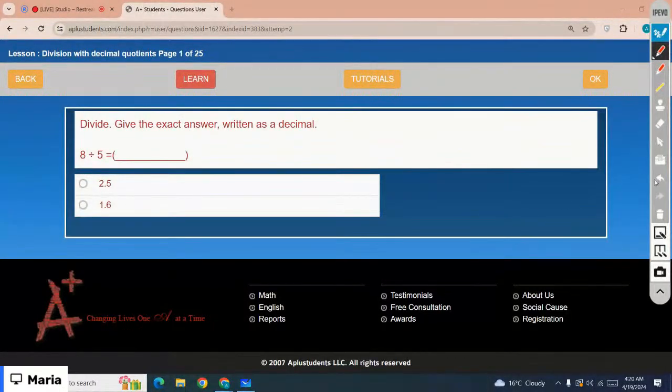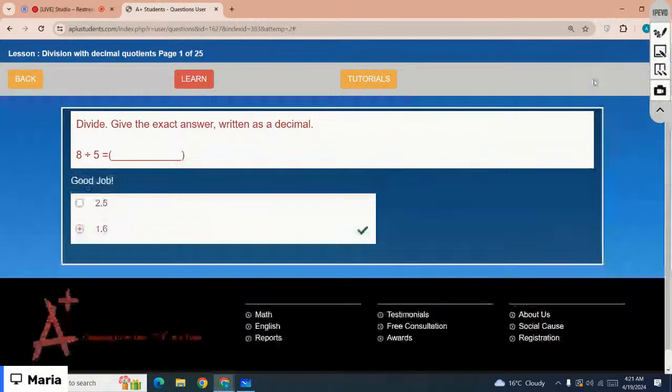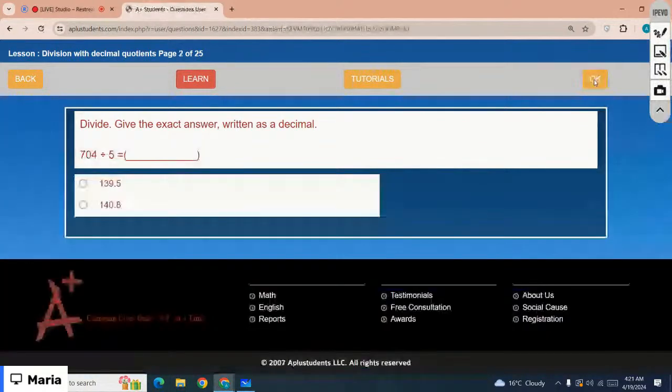Use your notebook and pencil and solve the questions and write the answer over here. Quickly go get your notebooks and pencil. It's your turn to do these questions. 704 divided by 5, which is the correct option?